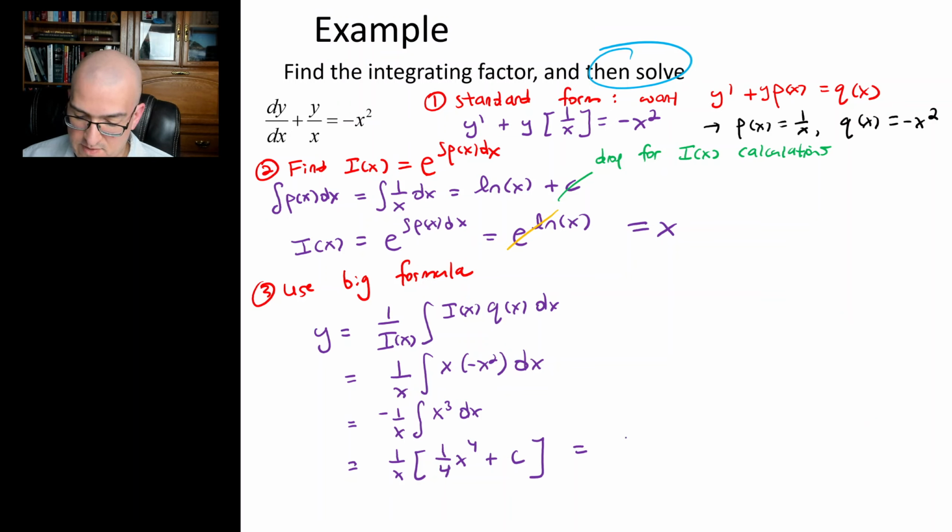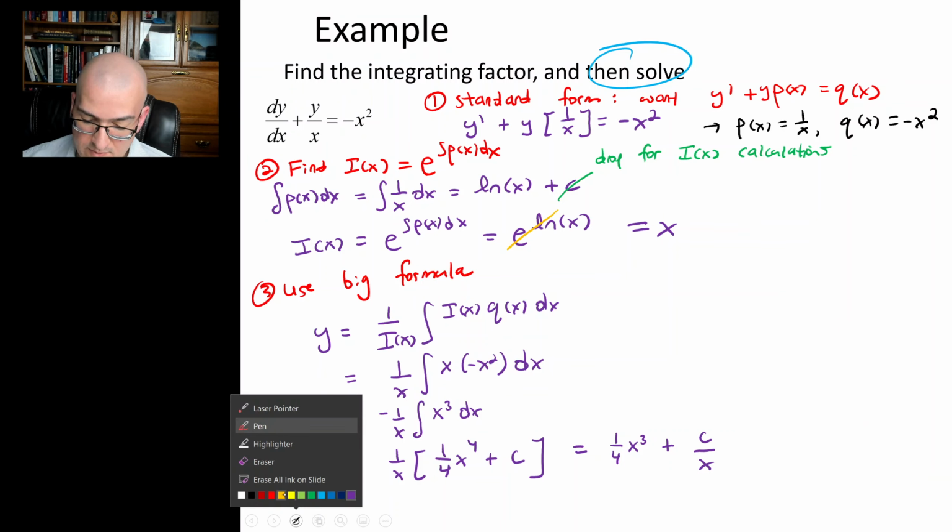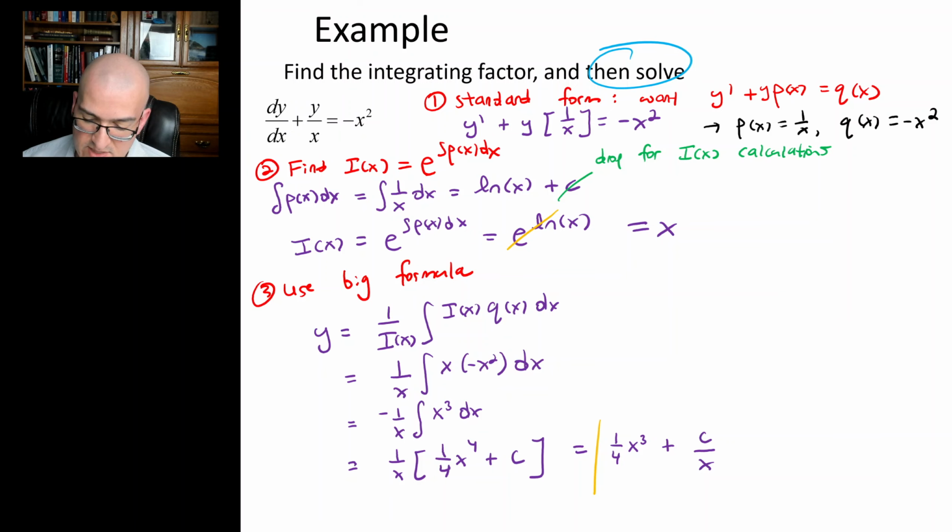So we'll have 1 over 4 x to the power of 3. We had x to the 4 on top, divided by x, so just x to the power of 3, plus c over x. It has to have this form. It's not plus c, it's plus c over x.